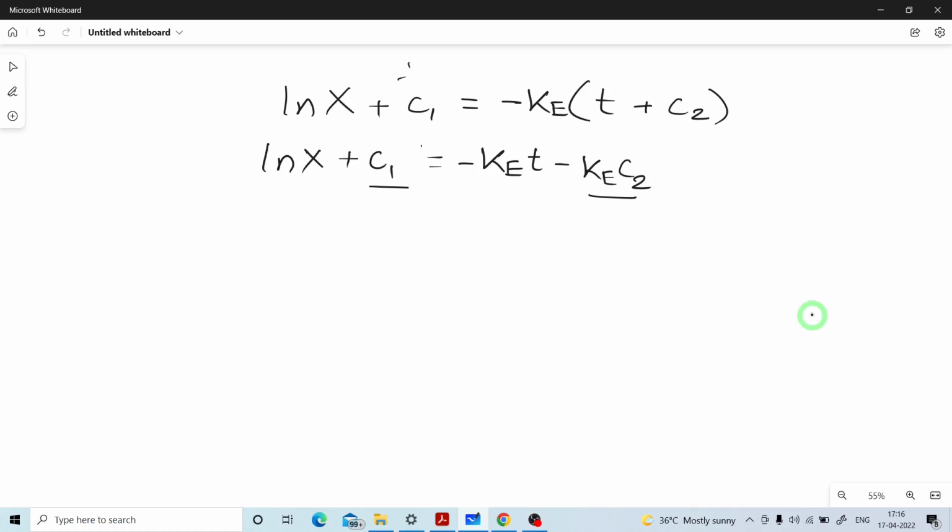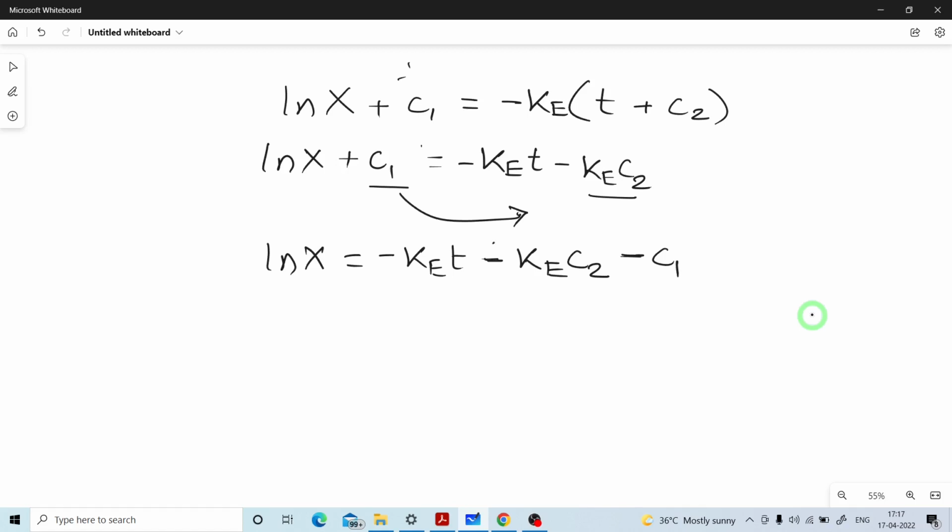So what I'm going to do, I'm going to take this C1 towards the right hand side. If I do that, the equation will become natural log of x is equal to minus ke t minus ke C2 minus C1, because here C1 was having a positive sign. If we take it towards the right hand side, it will become negative.